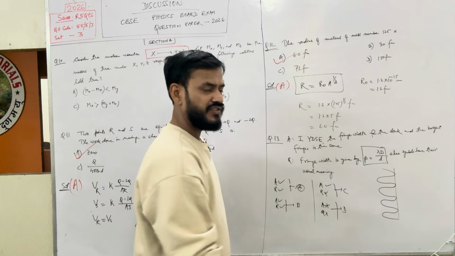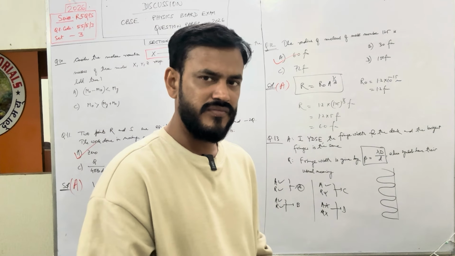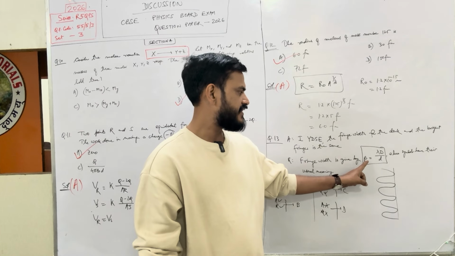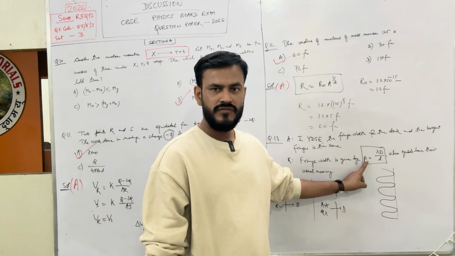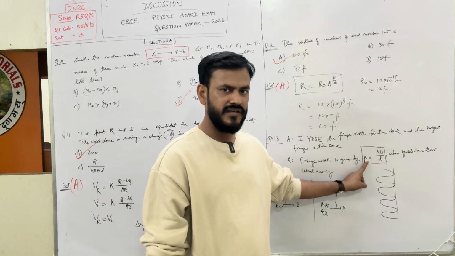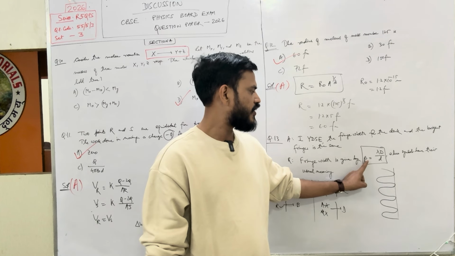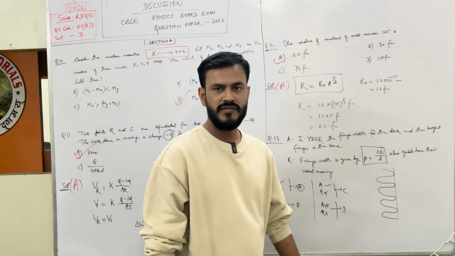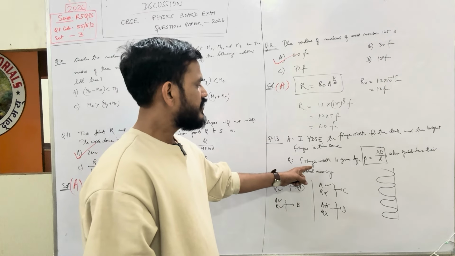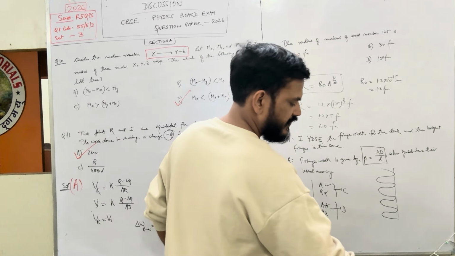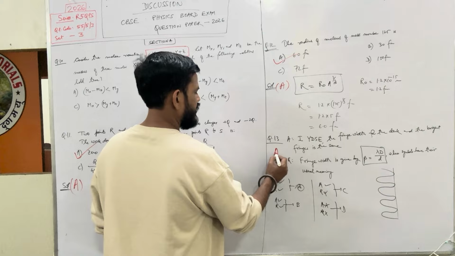So this fringe width doesn't discriminate between dark and bright fringes. Both of them have the same thickness. This formula governs both the dark as well as the bright fringes. So the reason is the correct explanation of the assertion. So the correct answer will be A.